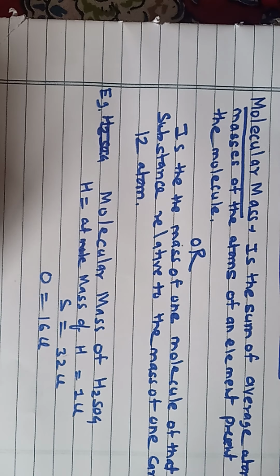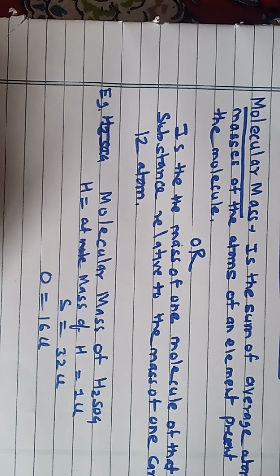So how is the molecular mass of H2SO4 obtained? It is obtained by multiplying average atomic mass of each element by the number of its atoms.